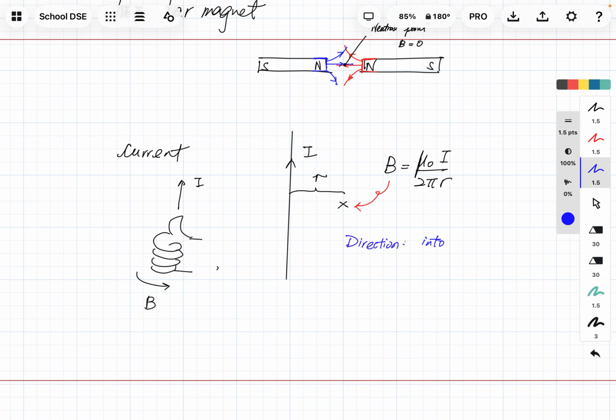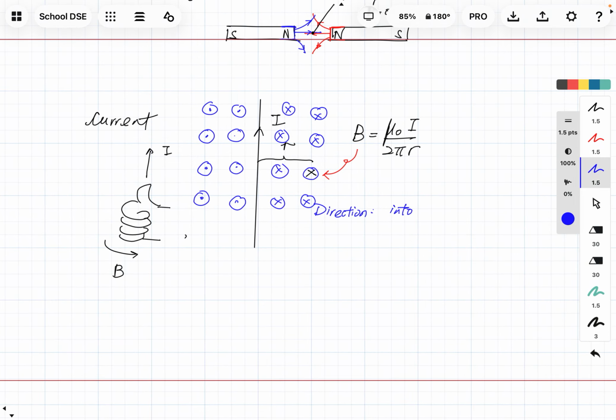When we apply this for one current, it's usually okay. But when you have two currents, then not everyone applies it easily. For example, I have one current which is IP, and the other current which is called IQ. IQ is going into the page, IP is going out of the page.